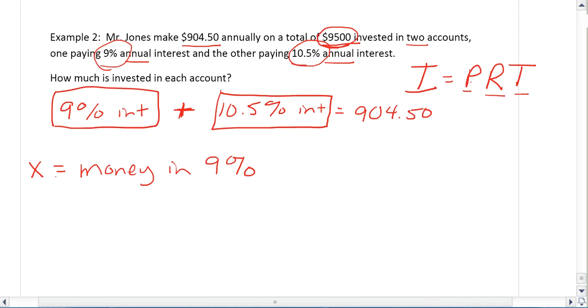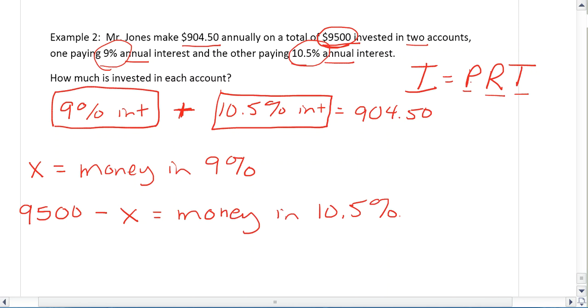So however much money is in this account, I would have to subtract from this $9,500 minus x, and that is then how much money he has in his 10.5% account. So at least now I have the principal expressed algebraically. I know the rate for each account, and the time they have said annually, so it's just 1 year.